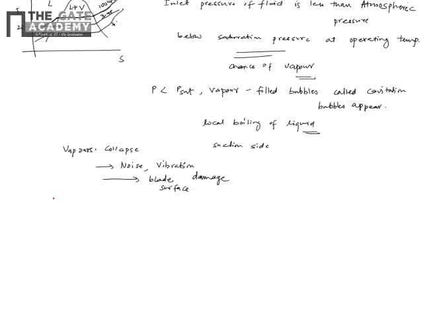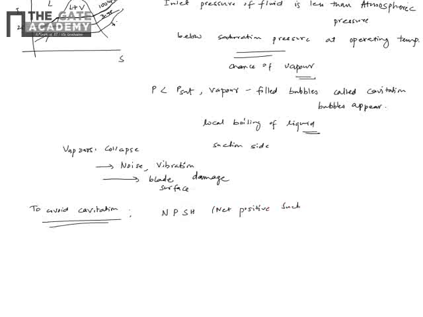We need to ensure that the pressure shouldn't go below the saturation pressure. So what the manufacturers of the pump do is they have one term called NPSH, that is net positive suction head.